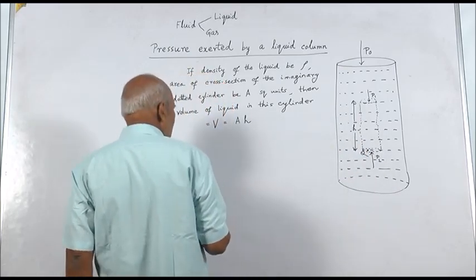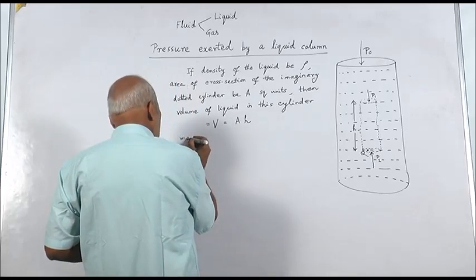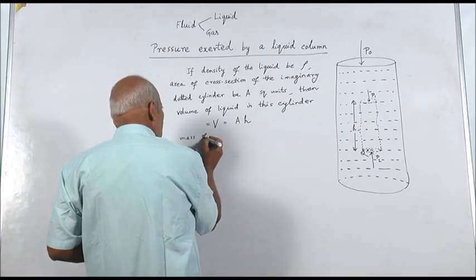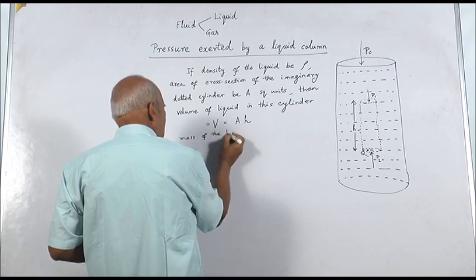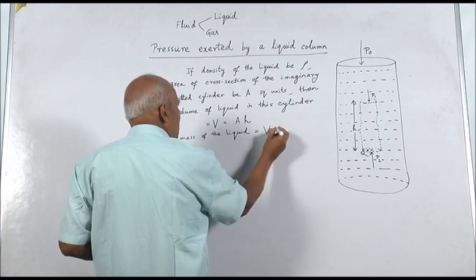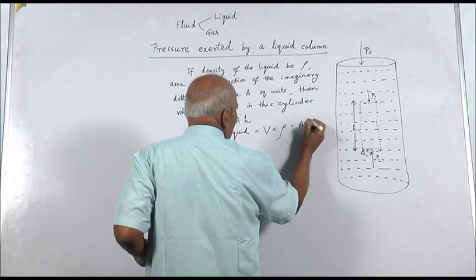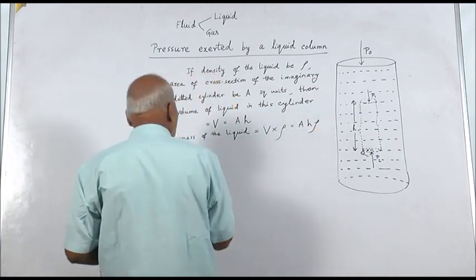Then the mass of the liquid will be volume into density, so it is A h rho.